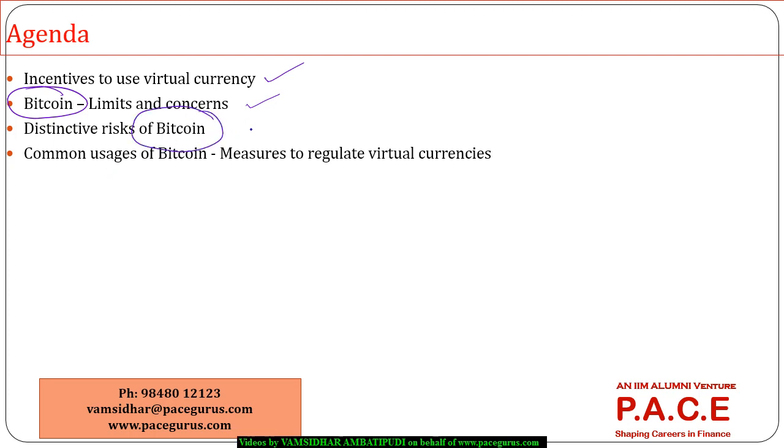And talking specifically of the specific risks that are associated with Bitcoin and the common usages of Bitcoin, both for good as well as for bad, and what is the main reason to identify the ways in which the usage of Bitcoin can very well be regulated, and similarly for that matter all other virtual currencies that are coming up as well.